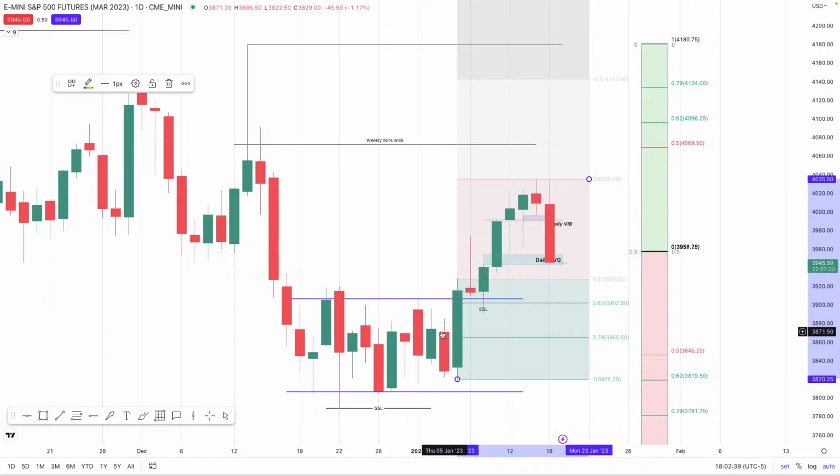So can we come back down to this 38.71 area into this order block? Sure, it's possible. We just have to look at the signs, and we'll study how each week sets up and how each day sets up, power of three.